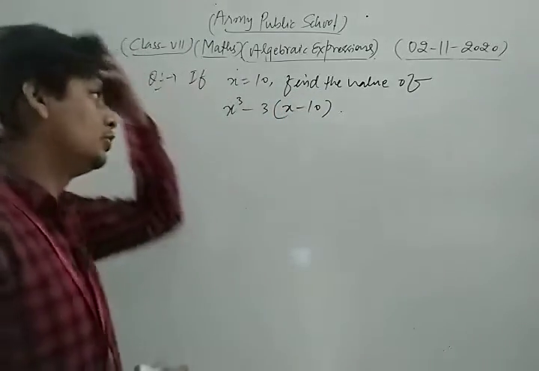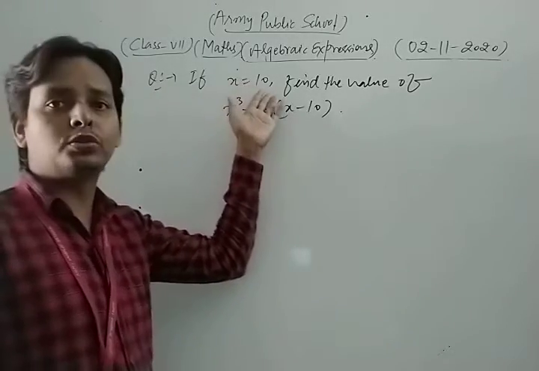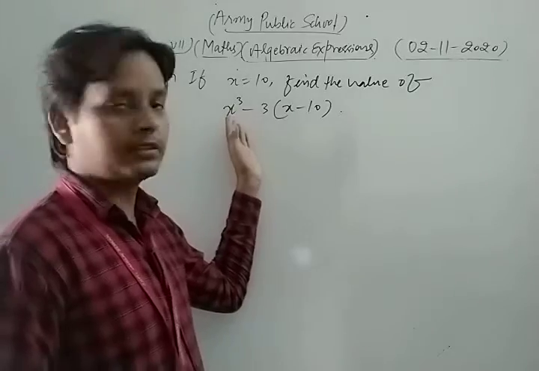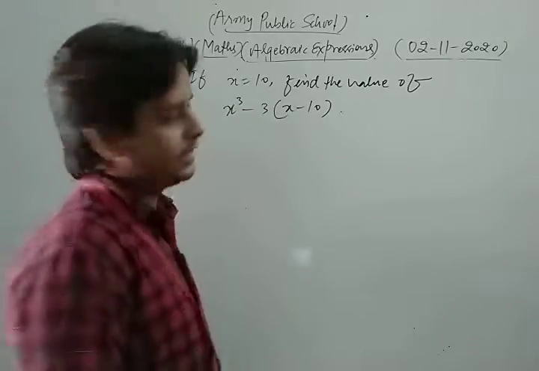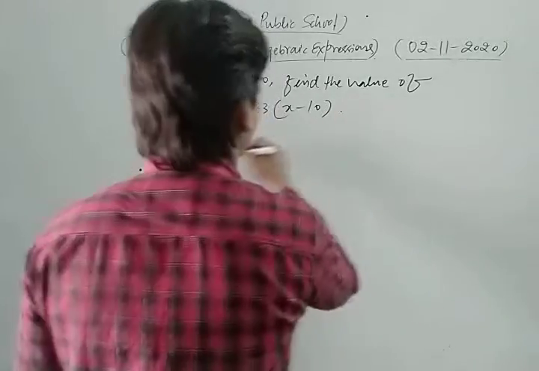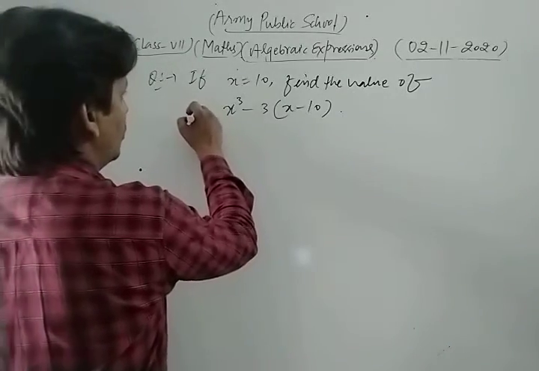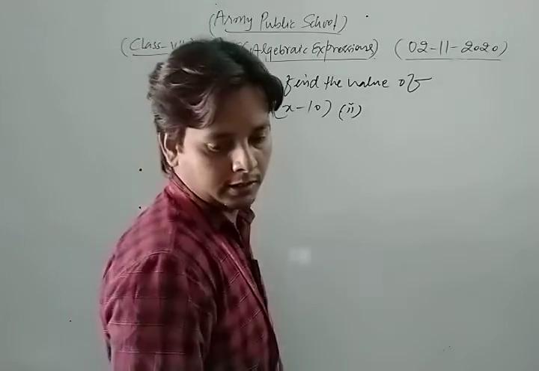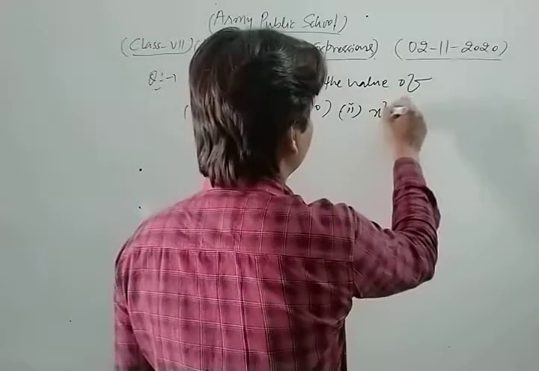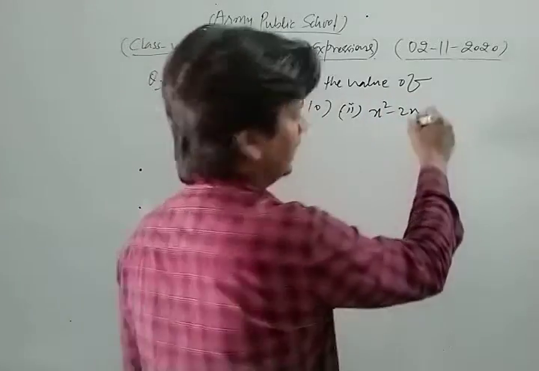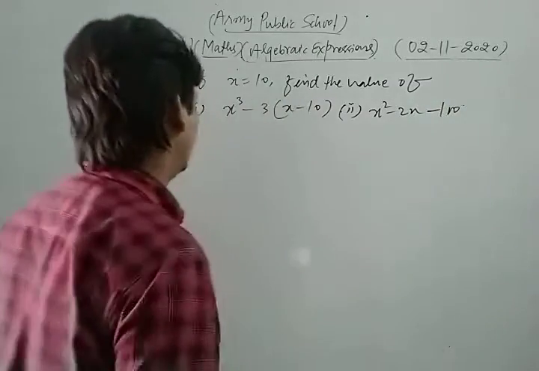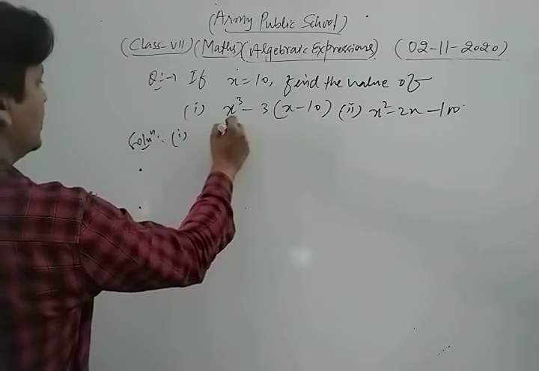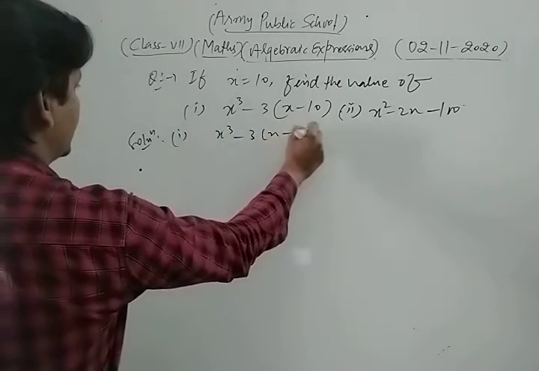If x is equal to 10 is given, we find the value of this expression, as well as the second one, which is x square minus 2x minus 100. Let's see its solution. First of all, we take the first part, x cube minus 3 into bracket x minus 10.